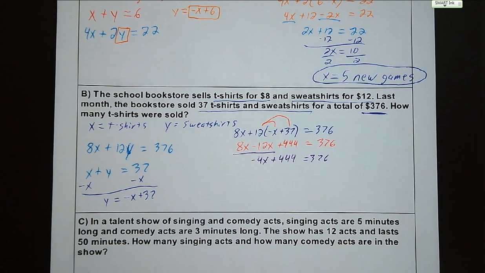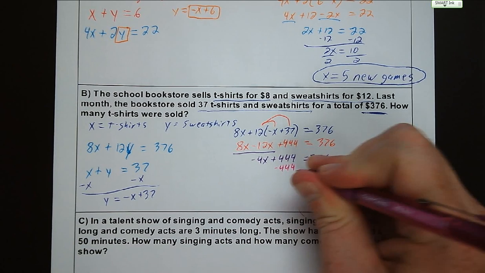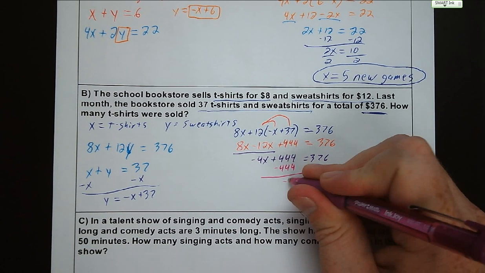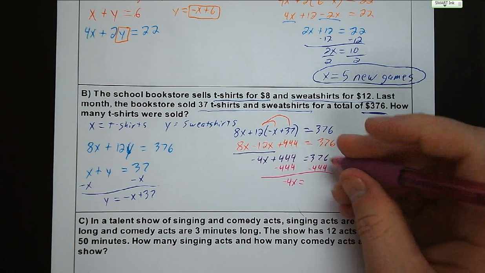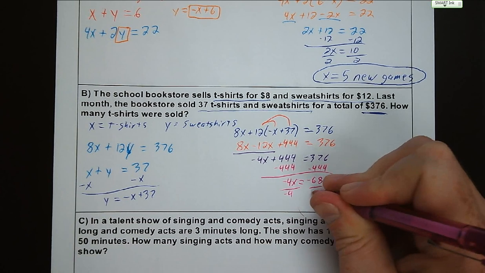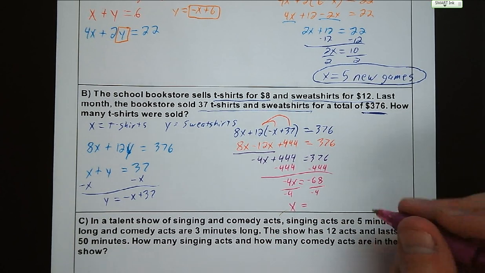So we need to subtract 444 from both sides. Negative 4x is equal to negative 68. Divide by negative 4. X is equal to 17.